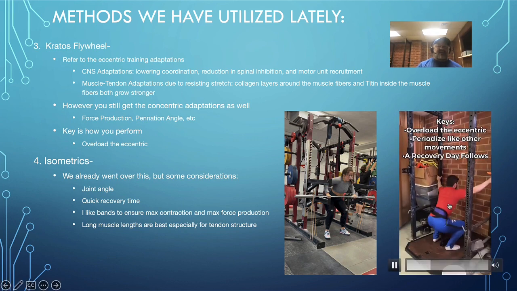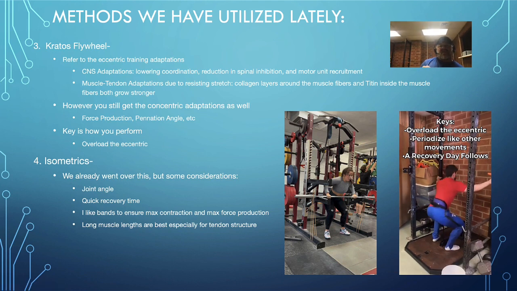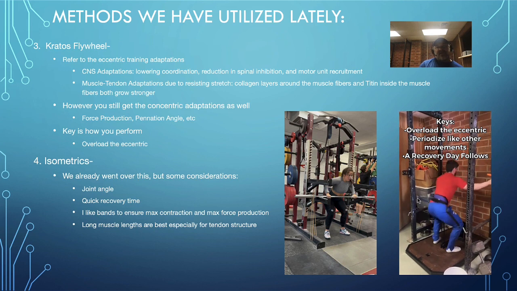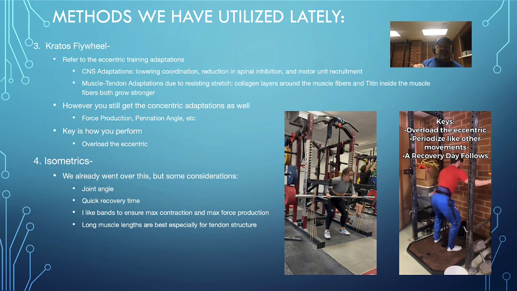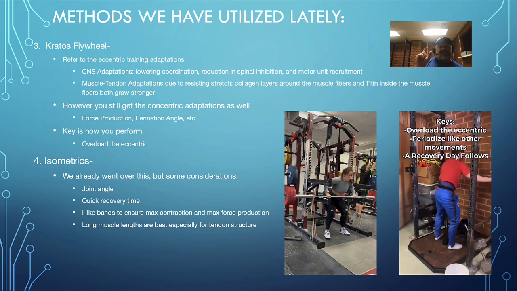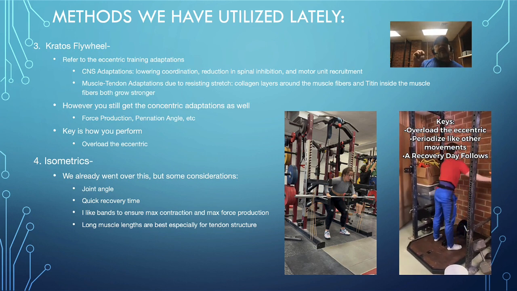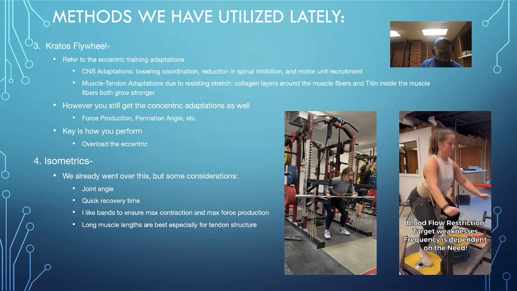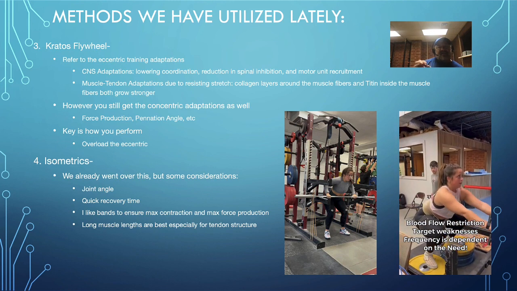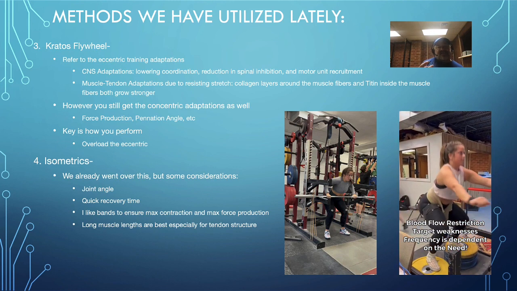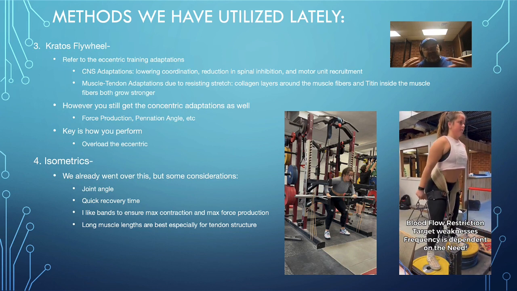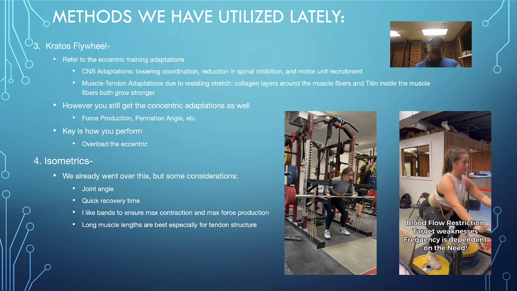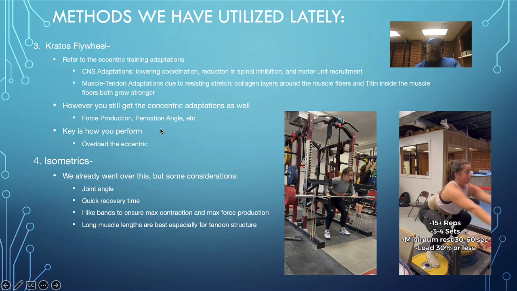Because we know that eccentrically we're stronger than we are concentrically, mainly because we're still producing force, but we also have the titin, and we also have the collagen that's helping to slow things down. So that's resisting as well as you producing force to slow it down. So that's where we are stronger eccentrically.